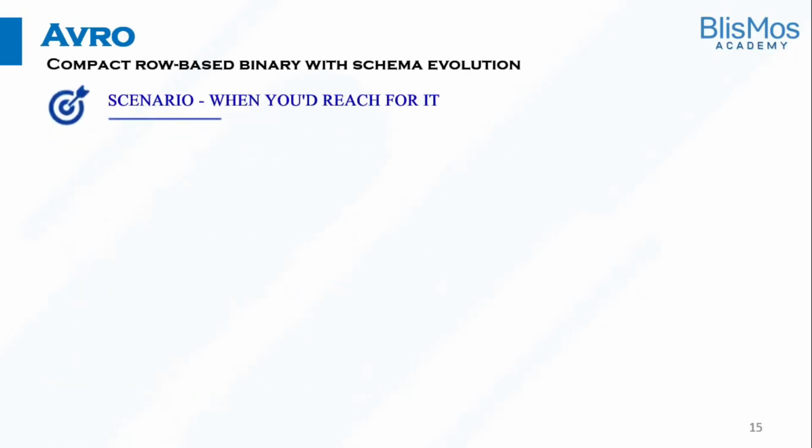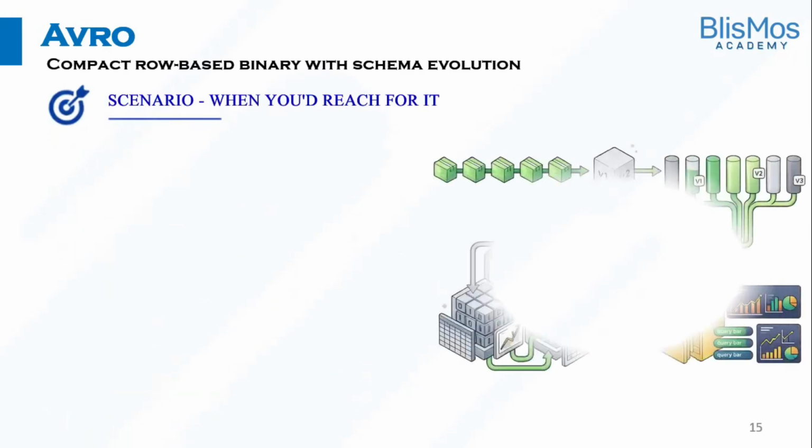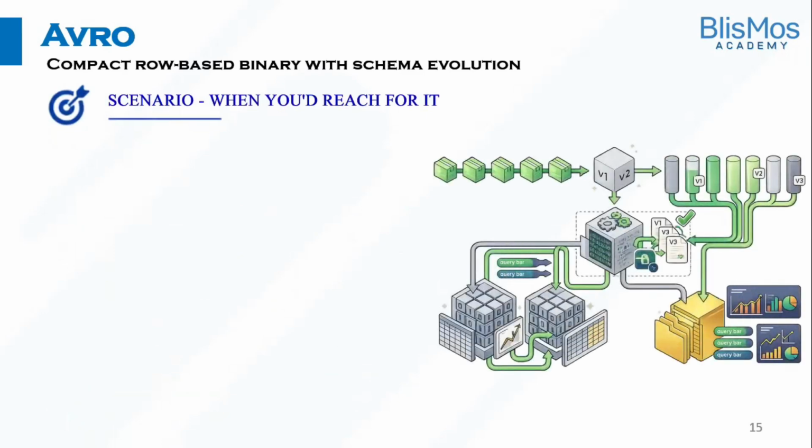But just like CSV and JSON, Avro doesn't necessarily have to be the final analytical format. For example, you might follow a medallion architecture where streaming events arrive as Avro in the bronze layer.